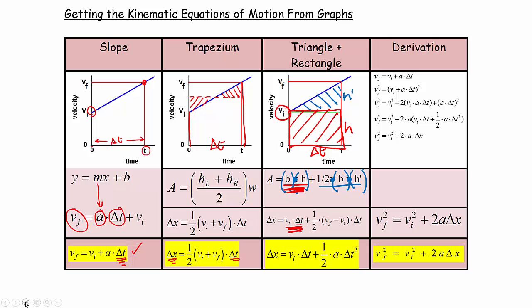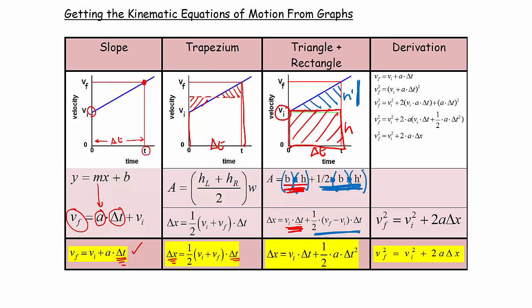And then over here, I can say, well, this is a triangle, so it's a half. This height here is VF minus VI times delta T. So that's that guy, which is that guy, which is that guy. Cool. And then we do a little bit of finagling, and I'll explain why in a minute.